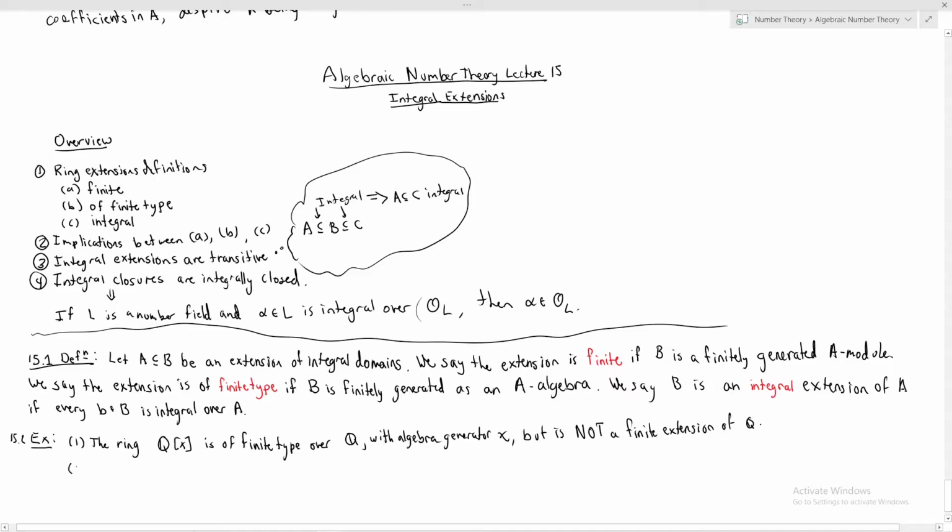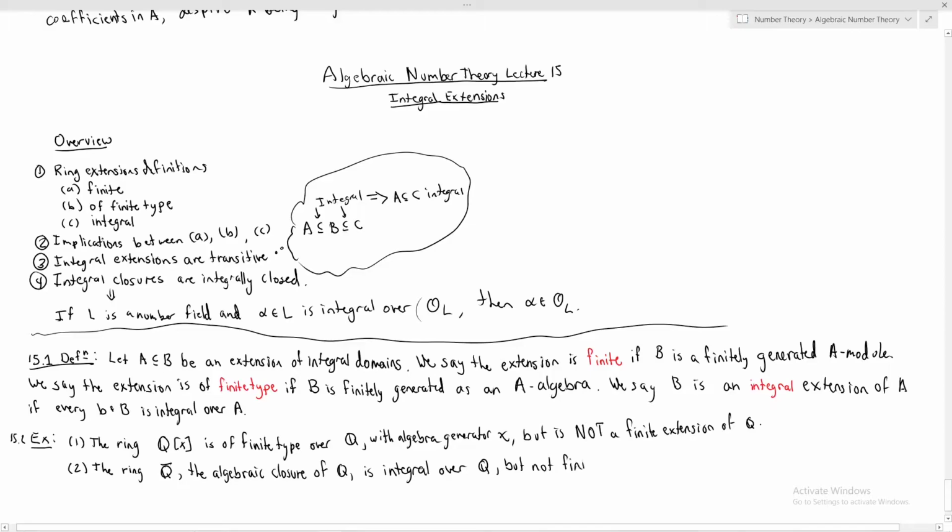Maybe we can come up with an integral extension, which is not a finite extension. Probably the easiest one off the top of my head, the ring Q bar, so the algebraic closure of Q, is integral over Q, but not finite.